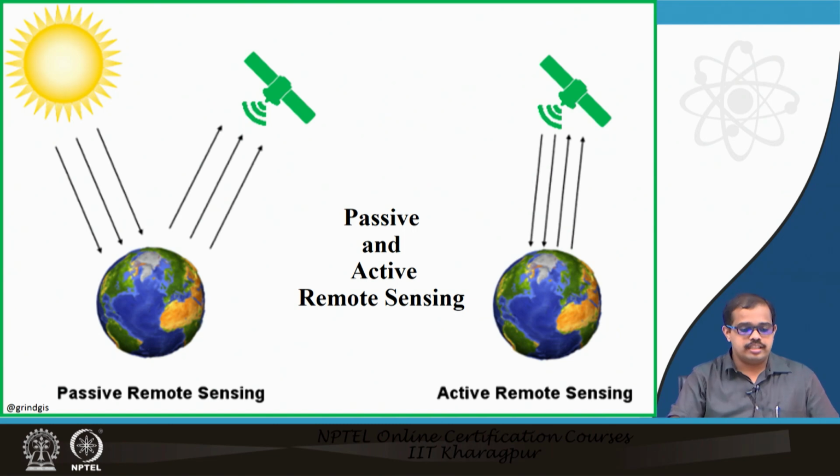When you look at this image here, passive remote sensing is done using solar energy, which is 99.99% of the time. Here you have a satellite which is sending out its own form of energy, which hits the Earth's surface, and then it is captured back by the sensors placed on board the satellite. This is called active remote sensing.